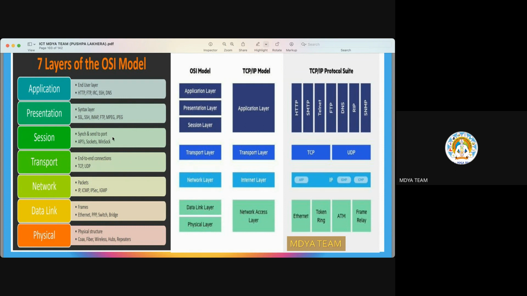Then the session layer provides synchronization for how to get the data as they are transferred through sockets or WinSock. And presentation is a syntax layer. So these are the different layers through which two devices, or source and destination, can communicate with each other.